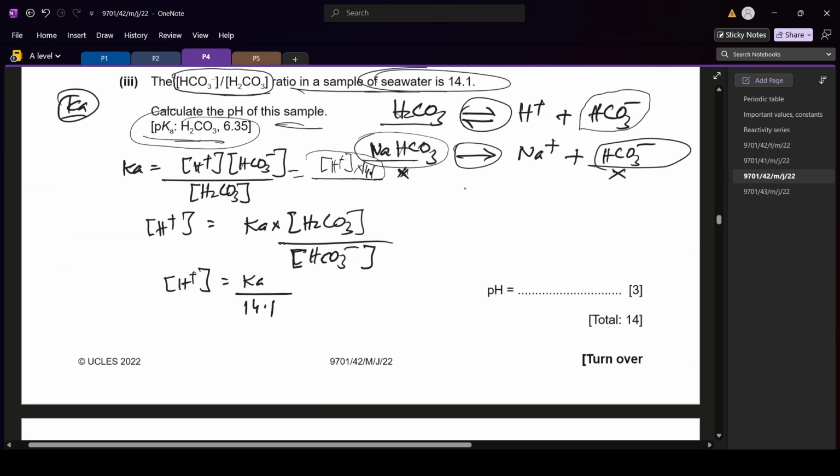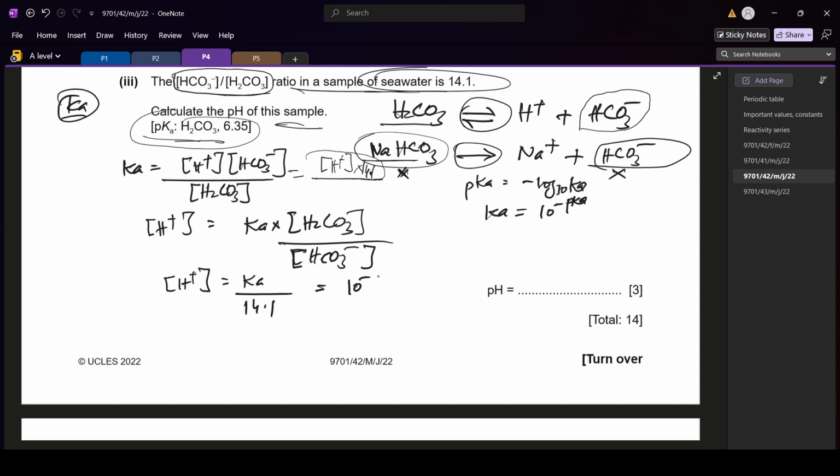pKa is equal to minus log 10 of Ka, and Ka is equal to 10 to the power minus pKa. So 10 to the power minus 6.35 divided by 14.1 is equal to the concentration of H plus ions. From here you will get the concentration of H plus ions as 3.17 times 10 to the power minus 8.